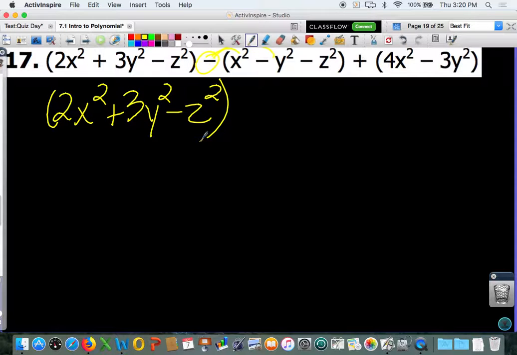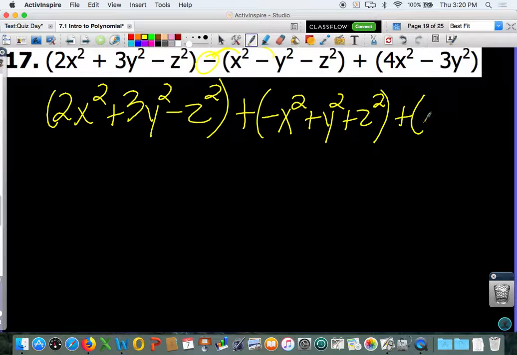Now bring this down to be plus. I've distributed my negative inside. It's minus x squared plus y squared plus z squared plus 4x squared minus 3y squared. Just bring down everything else, guys.